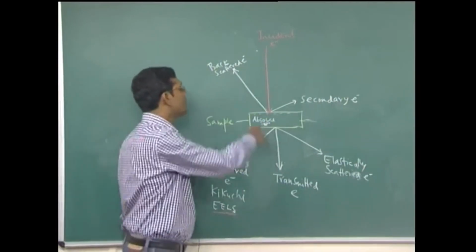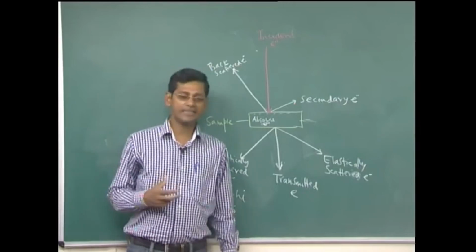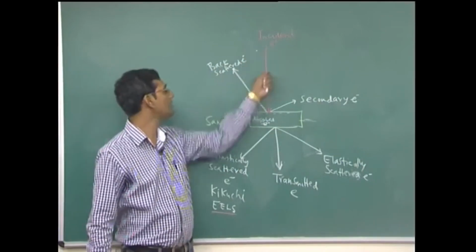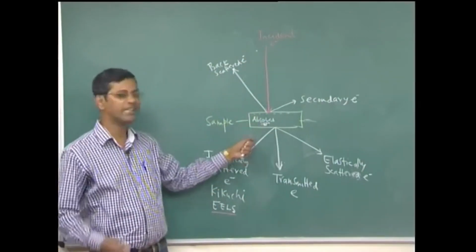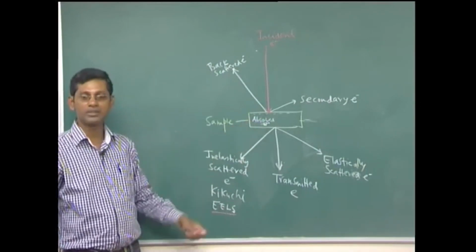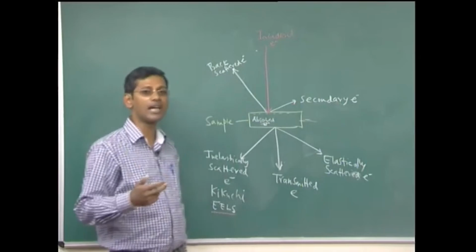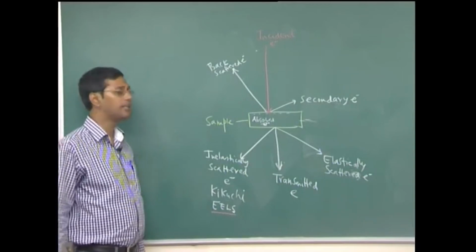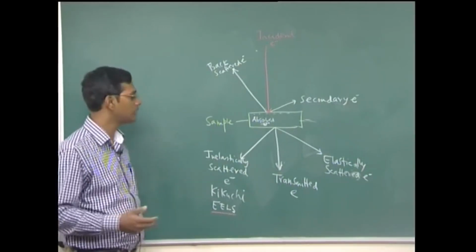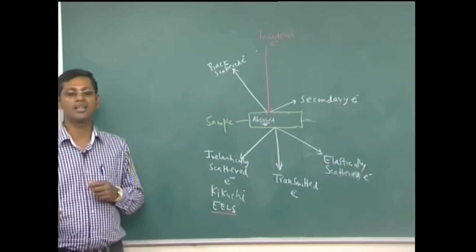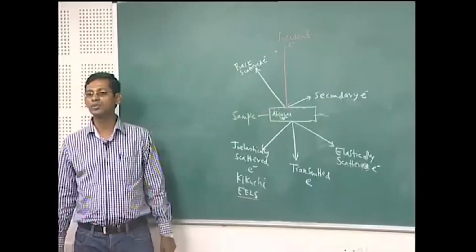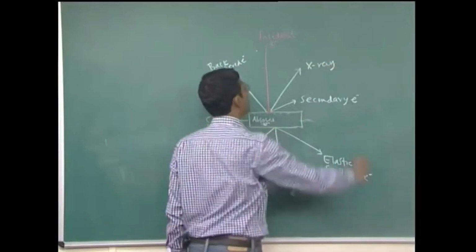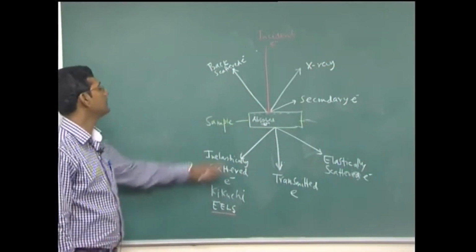Not only that, some of the incident electrons can eject electrons from the inner shells of the atoms in the sample, and once this ejection happens, an electron from an outer shell can jump into the inner shell which has become vacant, and because of this transition from the outer shell to the inner shell, energy can be released in terms of X-rays. So we can have X-rays coming out because of the interaction between the incident beam and the sample.